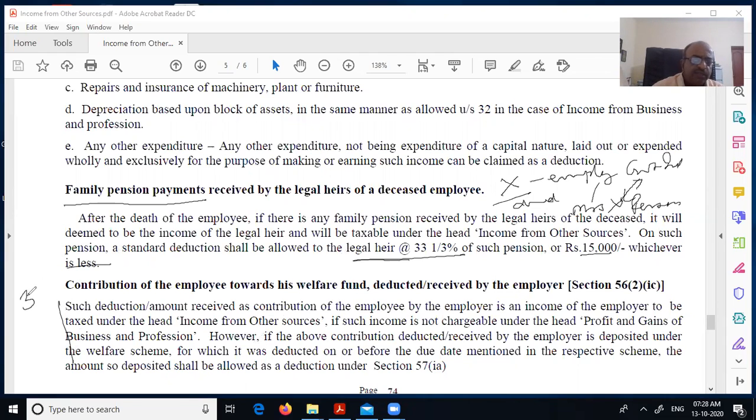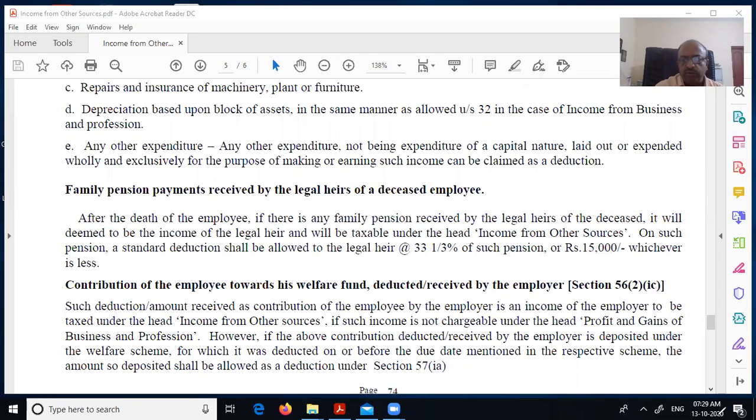I told you this is treated as income under 2(24), and the deduction is under 36(1)(va) under house business. The same deduction is available here under other sources. It's a parallel provision. Deduction is available under 57(1)(a). So we have already discussed this. I don't want to keep going on.